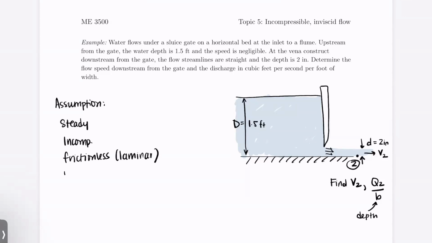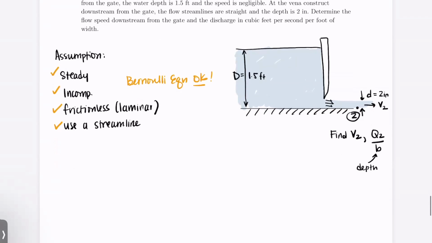And then we're going to use a streamline. So since we have all of these things present, then that means that Bernoulli is okay. All right. And I've already kind of decided that point 2 is going to be at our outlet. That's where we want to find the velocity.